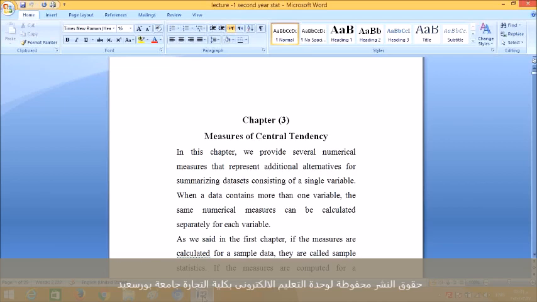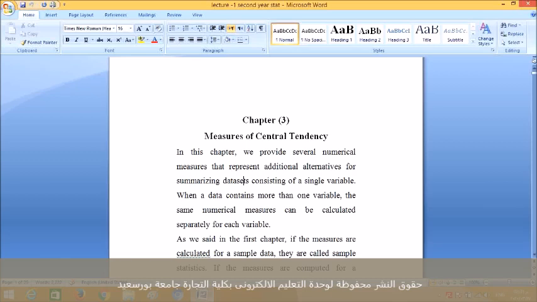For example, you can say the average score of students is 15. So this is one number. So the third method of summarizing the data is called summary measures. One of these measures is measures of central tendency.